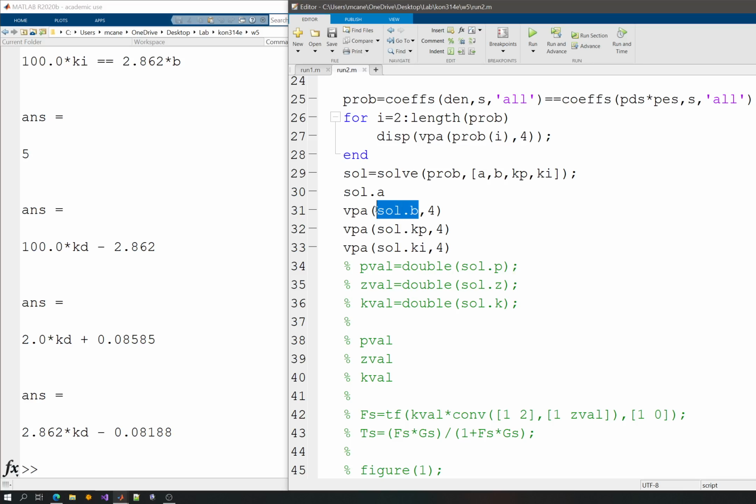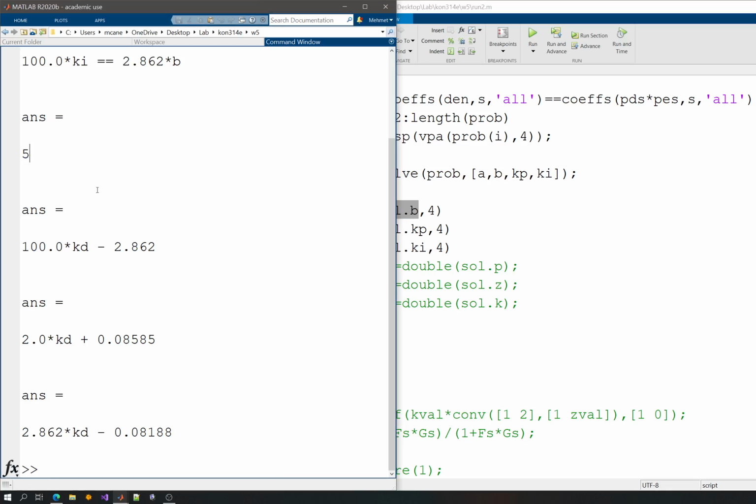Why do I say that? Since A and B should be positive, and A is naturally positive, and B can be determined by this here, I can see that I should choose just positive values. So choosing positive values for KD will be enough, since this is not that big of a number. Divided by 100 gives me approximately something near 0, so yeah, I can just assume that this will be positive.